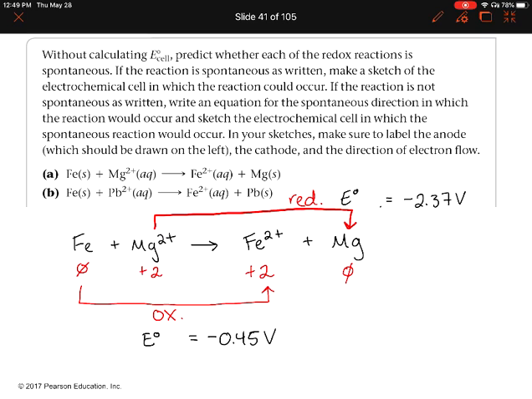Okay, so both of these are negative values. However, magnesium is more negative. If that half reaction is more negative, did we say that means it's better oxidized or better reduced?